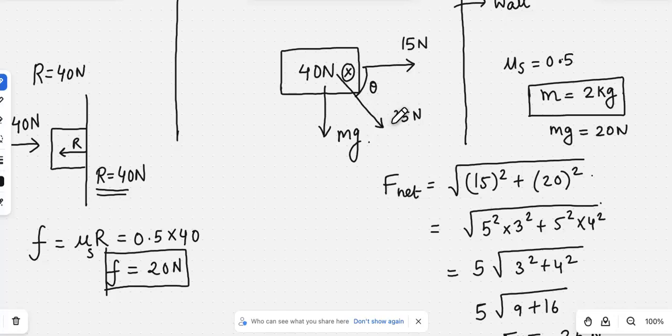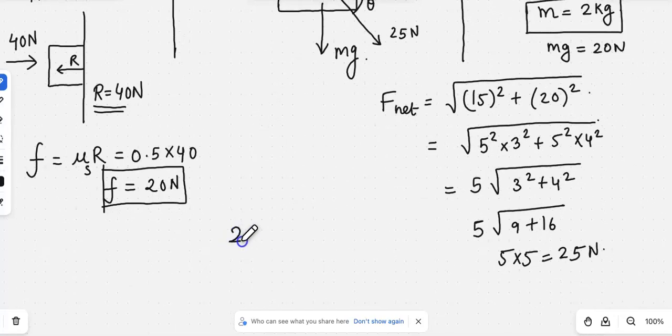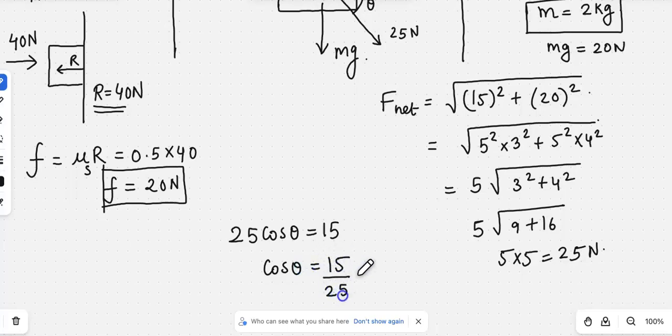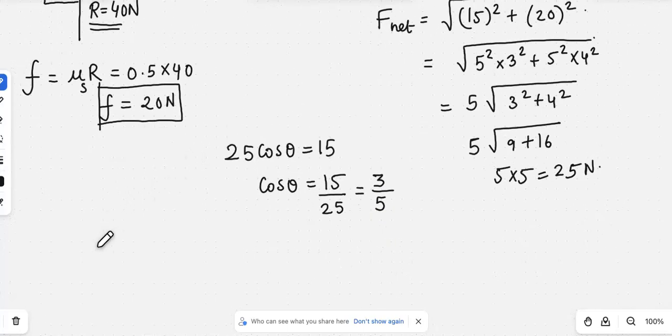Now you can see from here 25 cos theta is 15. So I can write here as 25 cos theta is equal to 15 Newton. So cos theta is equal to 15 divided by 25, which is 5 3s are 15, 5 5s are 25. So cos theta is 3 by 5. Then that means what is the angle theta?